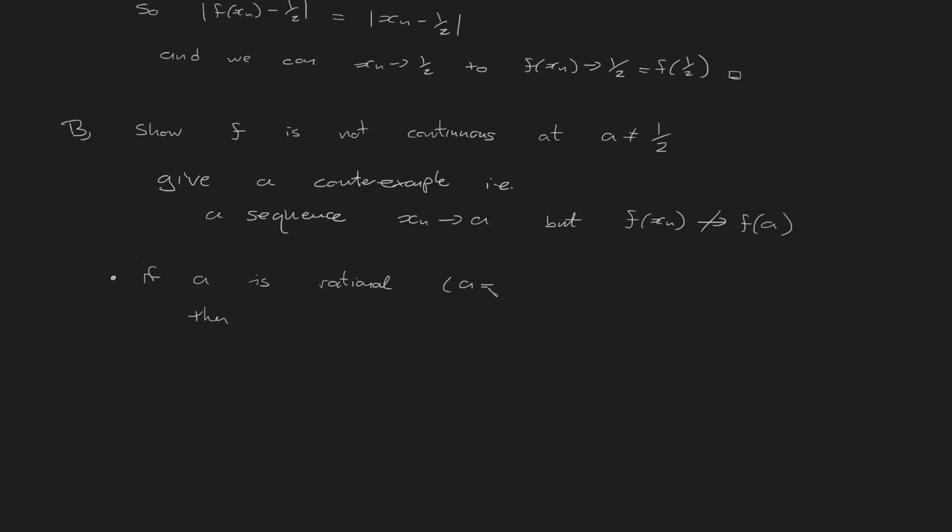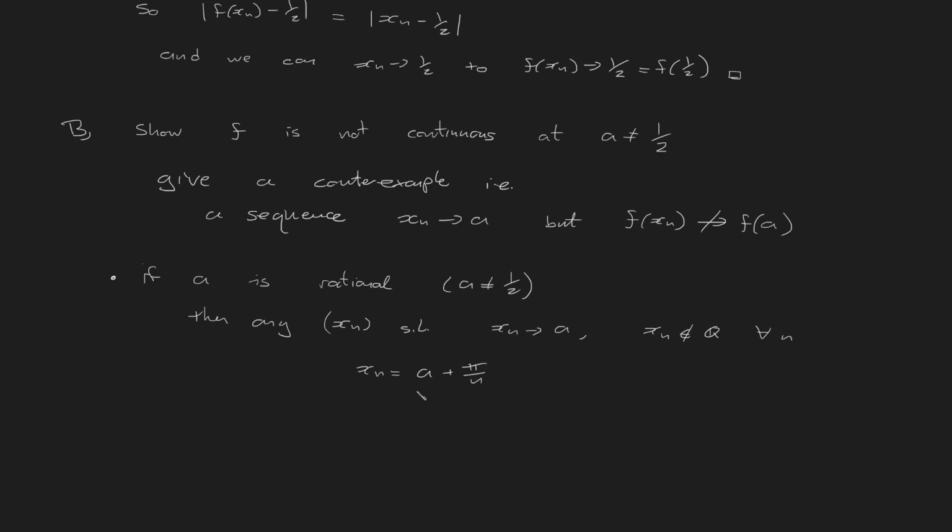and indeed a not equal to 1/2, this was excluded up here, then any sequence such that xn converges to a and xn is not a rational number for all n will work. It's not difficult to write down such a sequence. We could simply say xn is equal to a plus pi over n, or take your favorite irrational number.